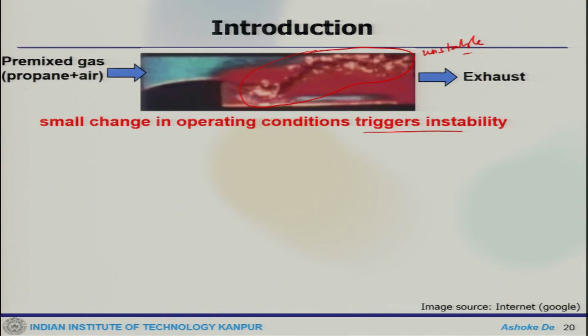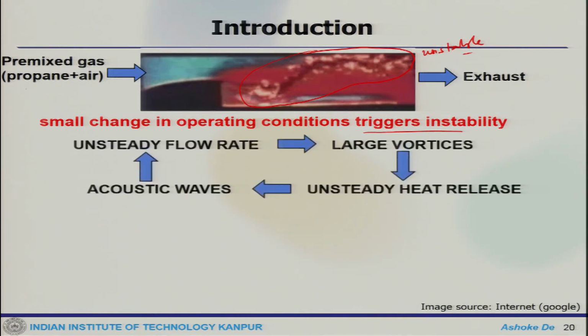One has to understand that combustion is nothing but reactants and oxidizers. These are multi-species systems which are convected due to the underlying fluid mechanics. So, certain changes in the fluid dynamical behavior would lead to this kind of situation. What happens there is that you have some unsteady flow rate.